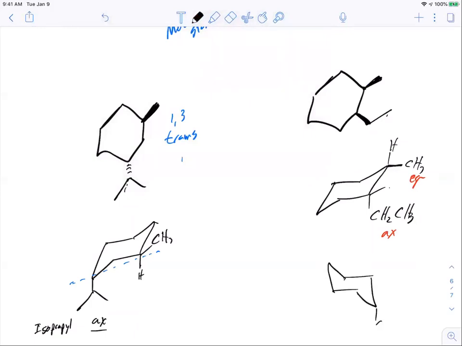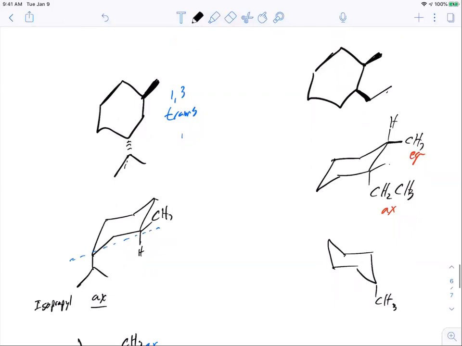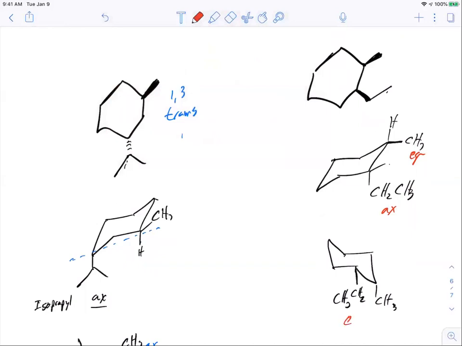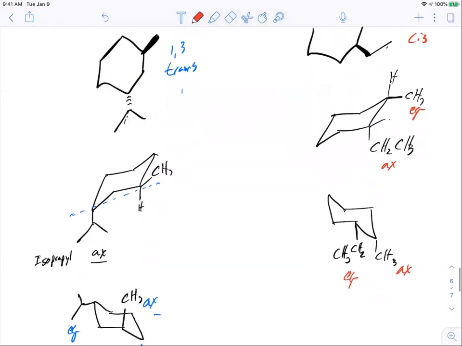Now my methyl becomes axial, and my ethyl becomes equatorial. So 1,2 cis is going to be equatorial axial.